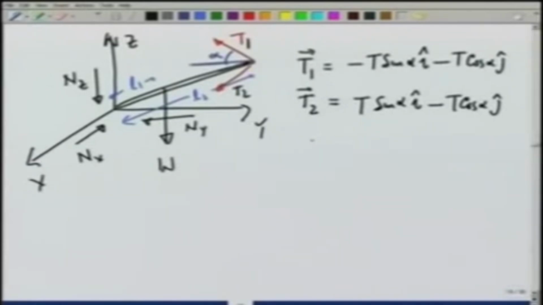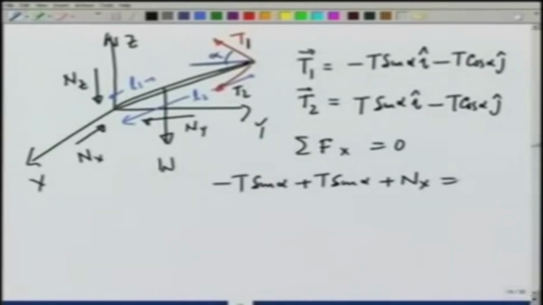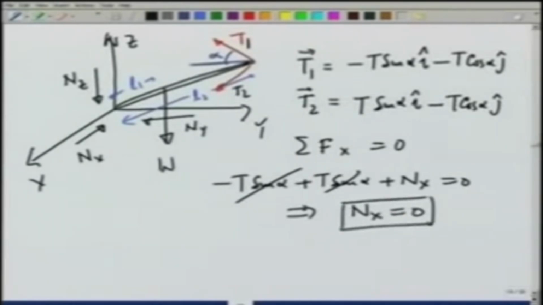The weight acts in the vertical direction. So, summation Fx is equal to 0 gives me minus T sin alpha plus T sin alpha plus Nx is equal to 0, this implies, this cancels, that Nx, the normal reaction in x direction, is 0.